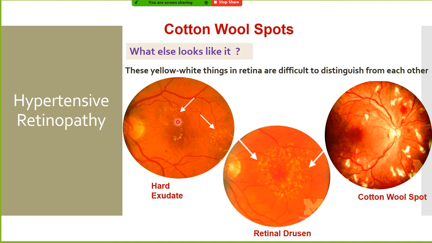We know what hard exudates are, and we all know what drusen are. Just see how these are distinguished from cotton wool spots, and make sure you understand how we actually differentiate the various findings.